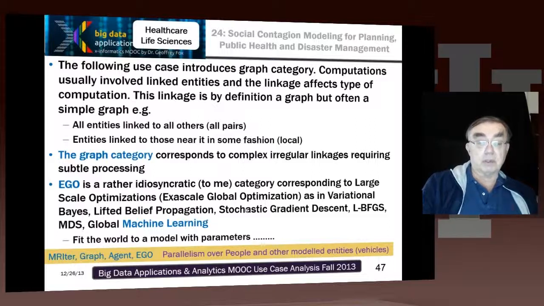These are all an important class of problem where a huge amount of data is modeled in a complicated fashion, and you're trying to find the parameters of the model by fitting the data to the model. So that's ego.